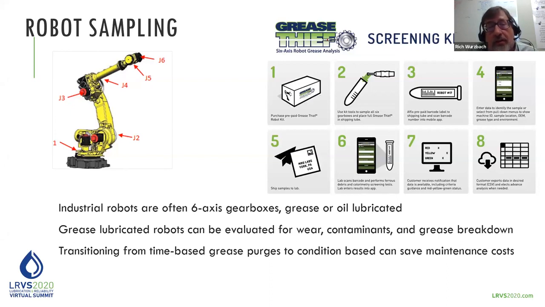But historically, greasing these robots would consist of a calendar basis, a time-based activity to purge all of the old grease out and put new grease in. So we've done some work with some robot asset owners, and worked with them to take a series of samples from robots with vastly different loading, different cycles, different kinds of environments, different temperatures.